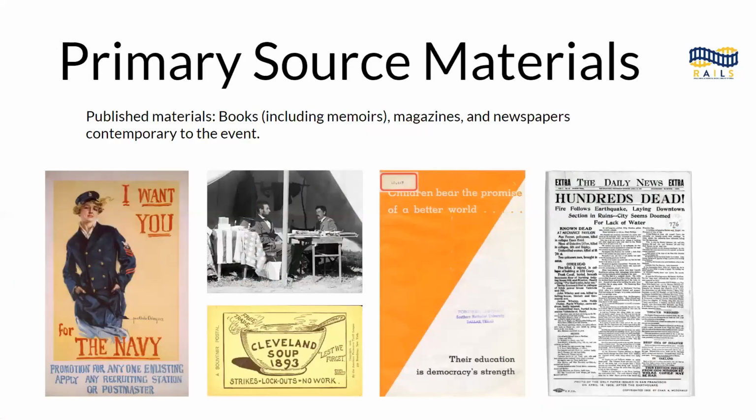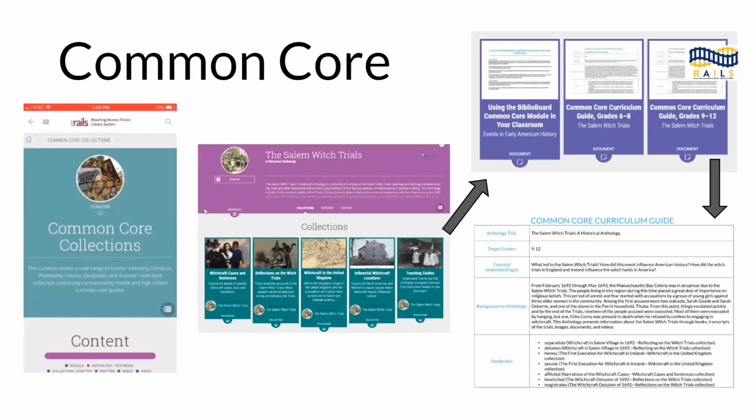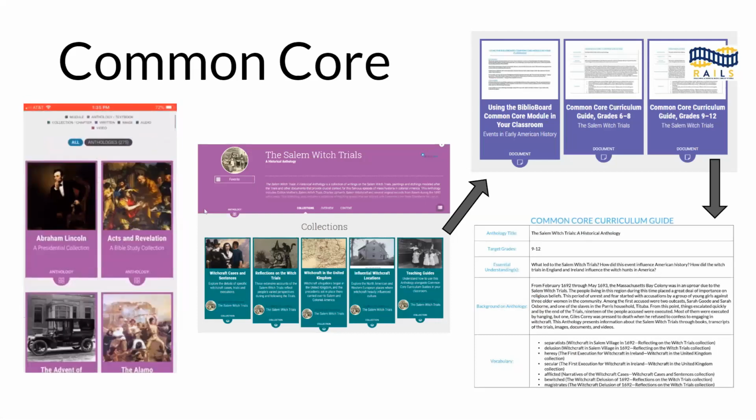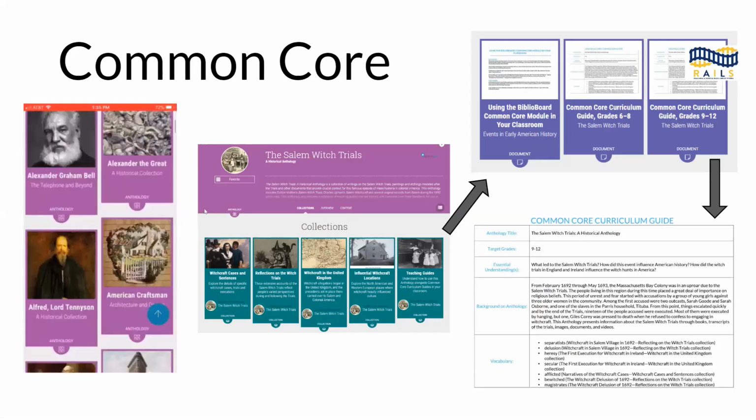You also have access to thousands of primary source materials via Biblioboard. You have posters and newspapers and all sorts of resources that are organized into hundreds of different educational subjects. These are all part of the Common Core collection, which again gives you access to hundreds of different topics.